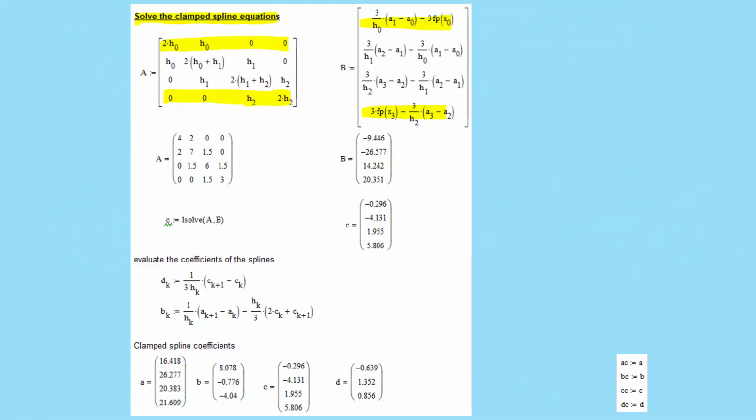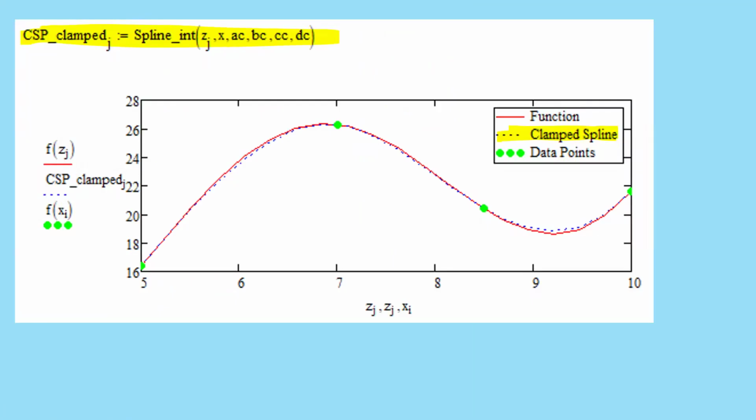If we solve the previous example based on the clamp splines, we have to modify this matrix based on the clamp conditions. Once we solve it, we find the values of C, then we can find D and B by using these two equations. Now we compare the clamp spline with the original function.